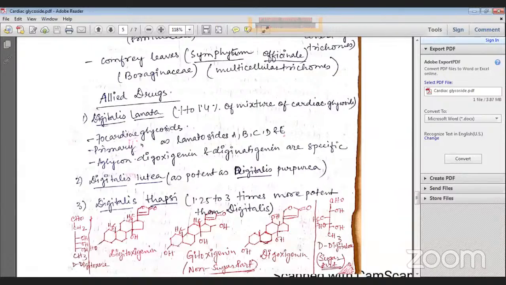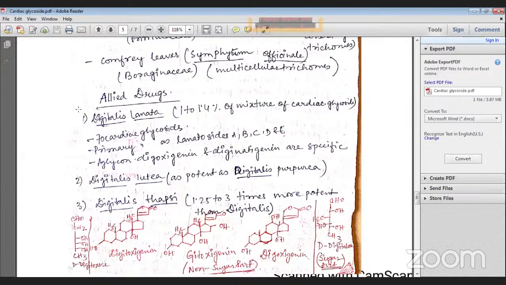As already mentioned here, you can see that Digitalis lanata contains 70 types of cardiac glycosides, in which the primary glycosides are lanatosides A, B, C, D, and E. In case of the official drug, Digitalis purpurea, the primary glycosides are purpurea glycosides A and B. And in case of Digitalis lanata, the primary glycosides are lanatosides A, B, C, D, and E.